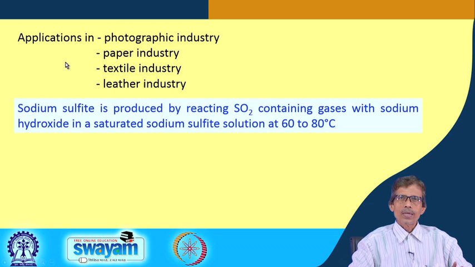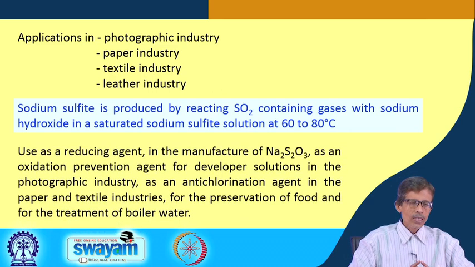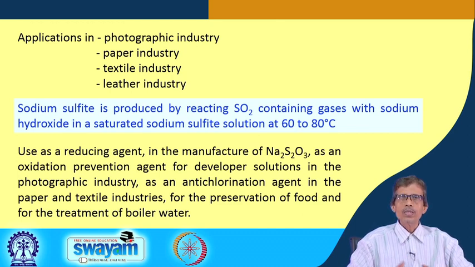Whatever sulfur dioxide you have, you can get it by burning sulfur, and that sulfur dioxide can be converted to sodium sulphite, which is a very useful reducing agent for reduction reactions in all industrially available reactions where we use it.